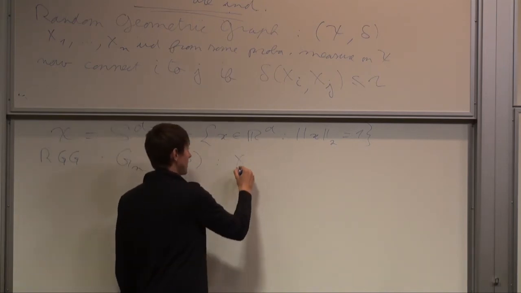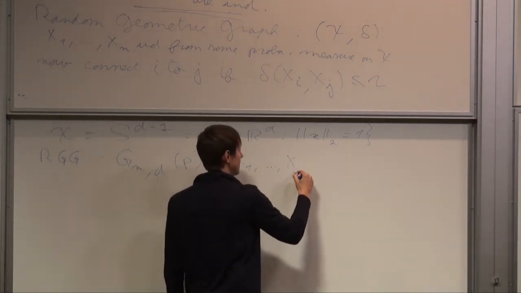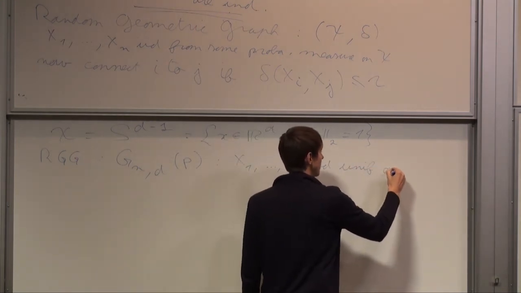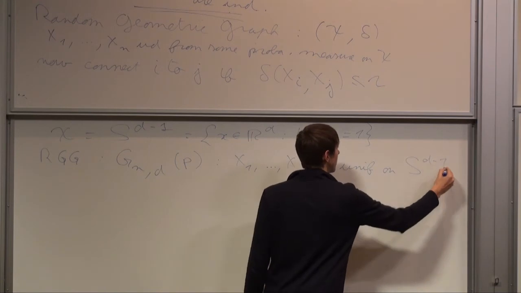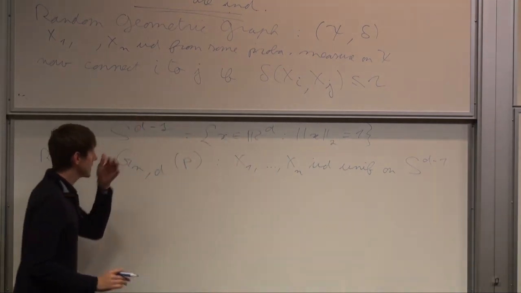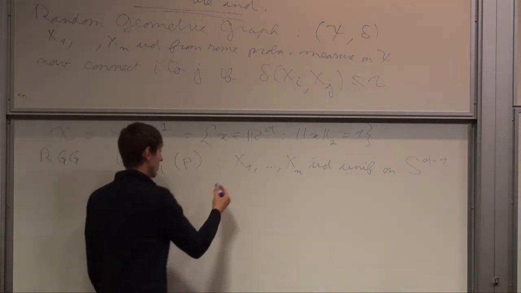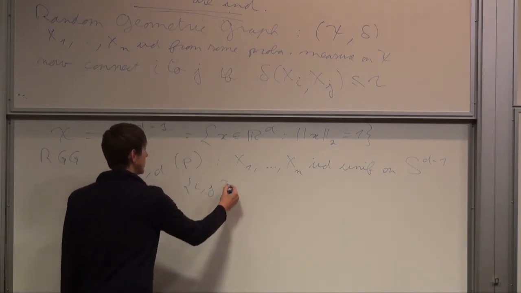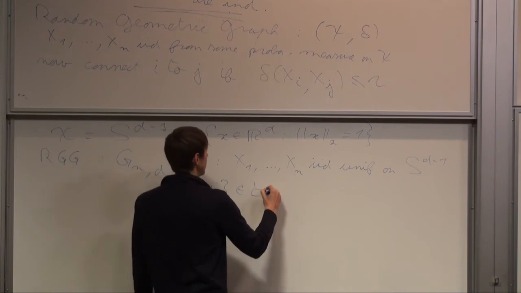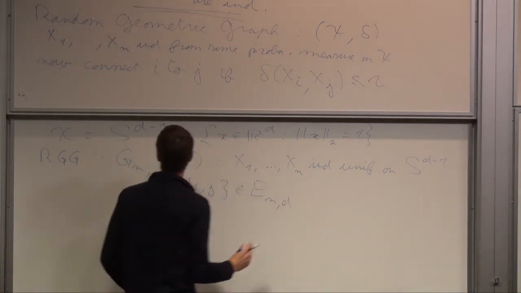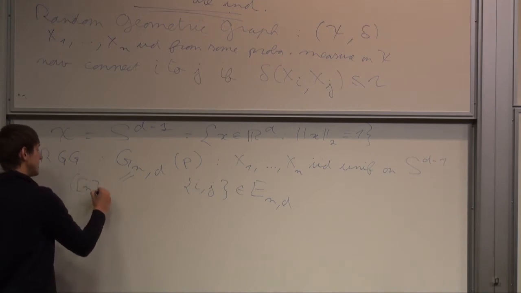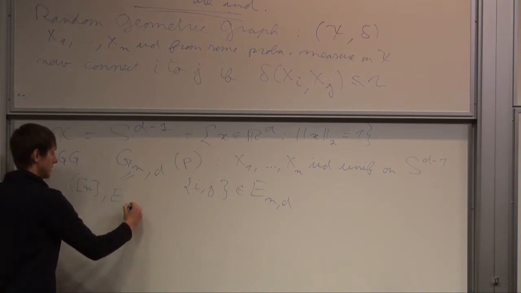So I take x1 up to xn, IID uniform on the sphere, and I connect them if they are close enough. So ij is going to be in my set E(n, d), right? So this random geometric graph is now on n vertices, and the set of edges is E(n, d).